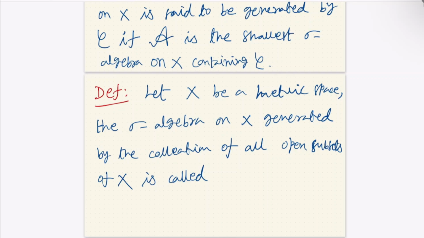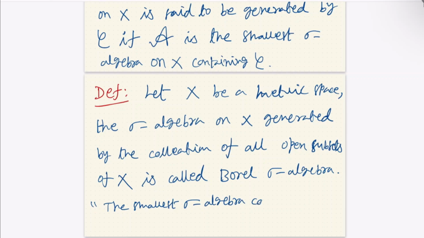Okay, usually called the Borel sigma algebra. I can write another, very short way of saying it without writing all these things. You can simply say: the smallest sigma algebra containing all open sets of X. That's it.